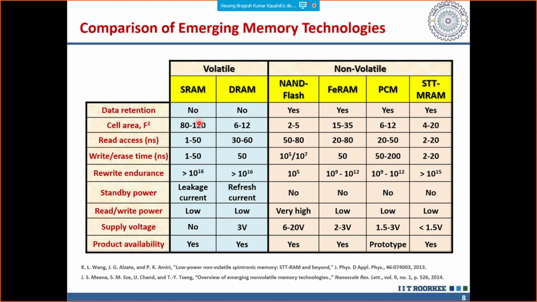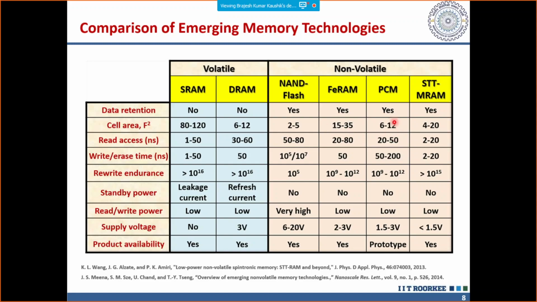Now, when you talk about cell area, SRAM, as I said, requires 6 transistors for realizing 1 bit of memory. So SRAM has something like 80 to 120 F square, where F is your feature size. Your DRAM would be around 6 to 12 F square. Your NAND flash would have 2 to 5 F square. Your ferroelectric RAM has 15 to 35 F square, which is quite reasonable in comparison to DRAM.